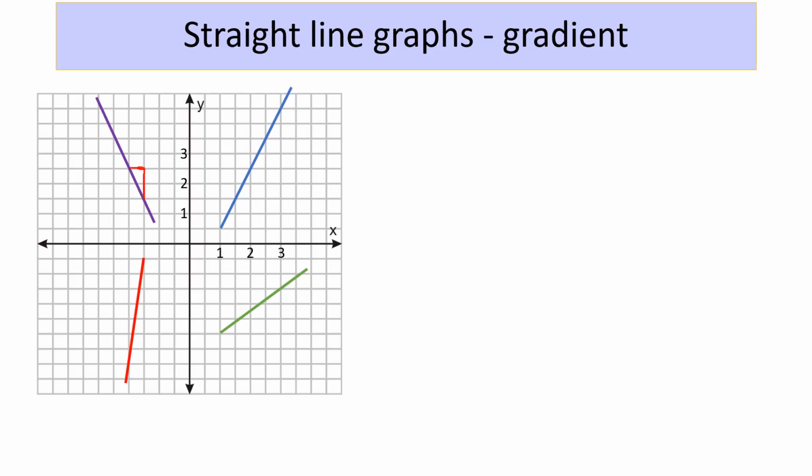Now notice that this time, 1 square will be 0.5, and then 2 squares is 1, but because I'm going down, that's going to be minus 1. So for the purple line this time, the change in y is minus 1, the change in x is 0.5, so the gradient is minus 2.